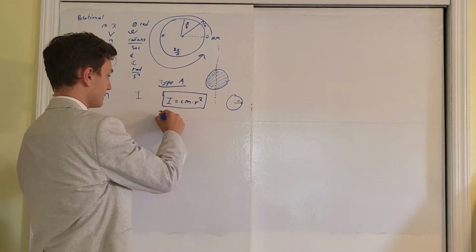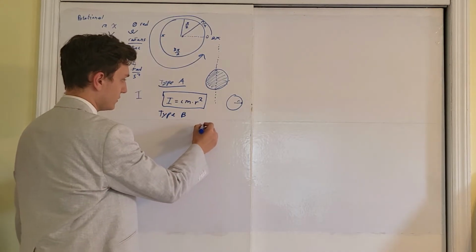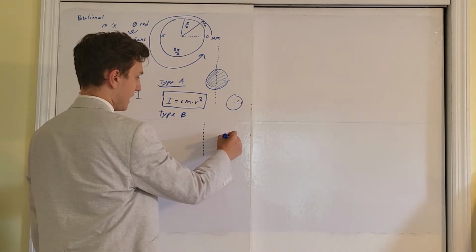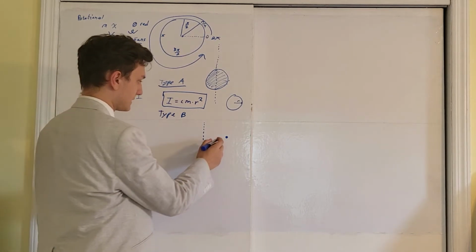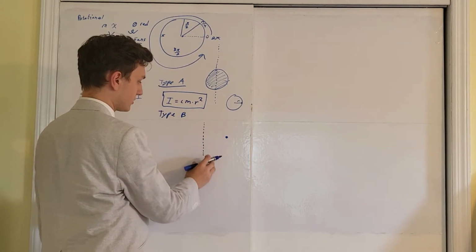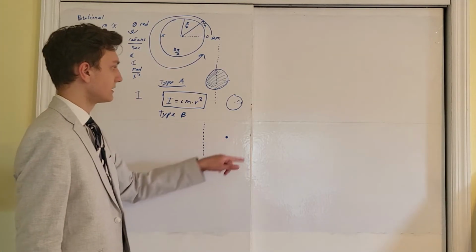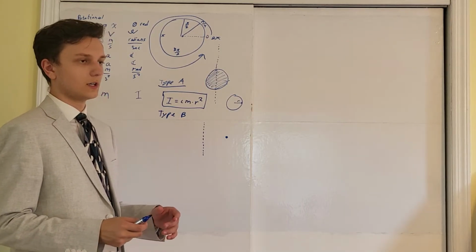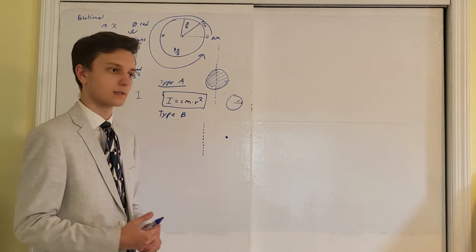You have a different type of problem, type B, where you have an axis of rotation and you have some particle, some point, that the rotational axis is not going through. The reason I describe it as a point is because this largely only works for uniform masses, like spheres, like balls, like particles, okay?